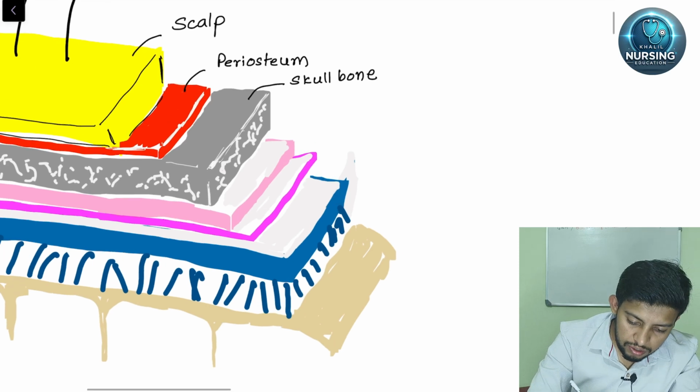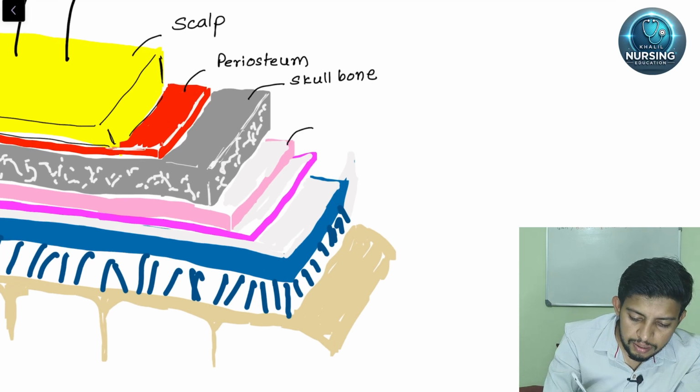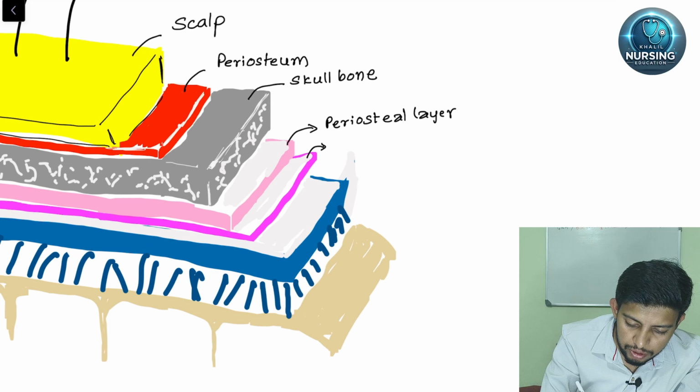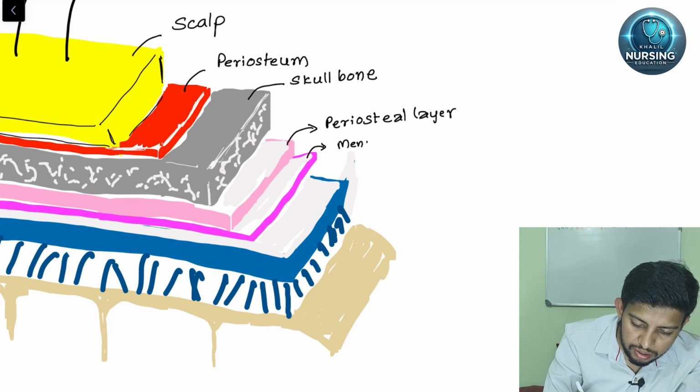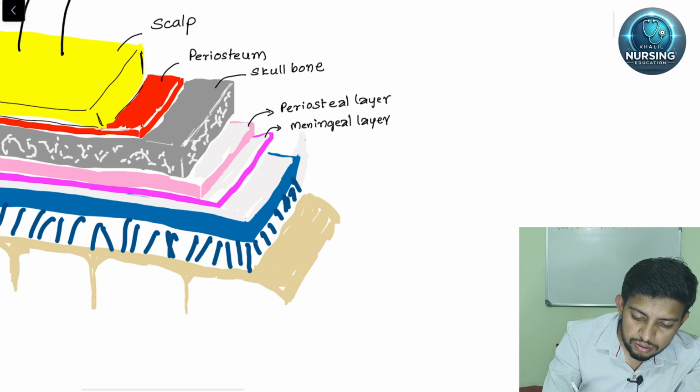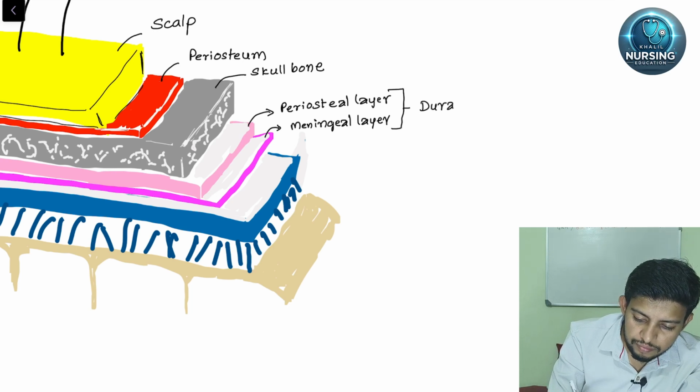This layer is the periosteal layer, and this one is the meningeal layer. Clear? And this one is the dura mater, isn't it?